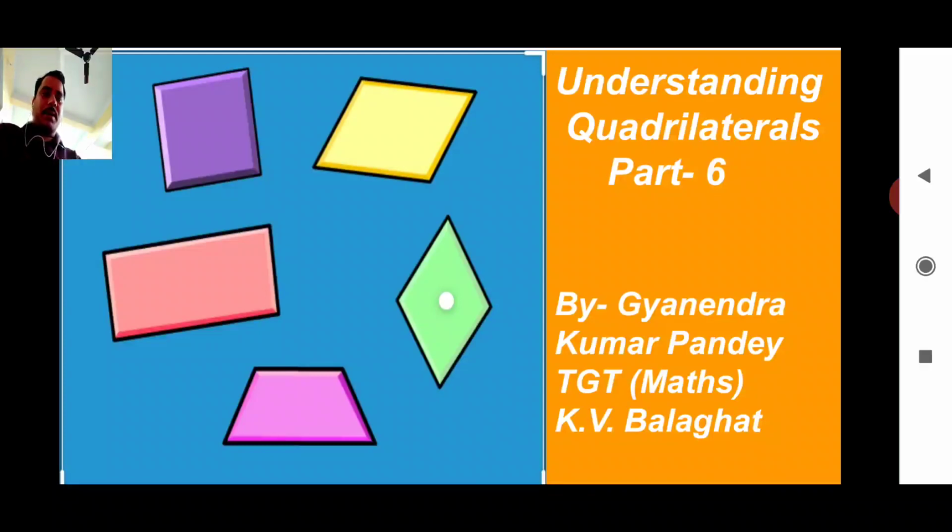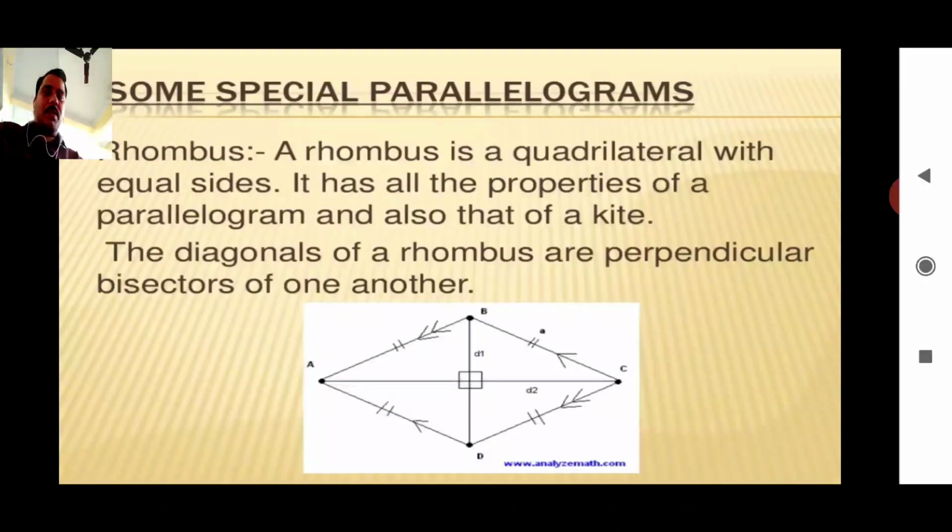So, let us start with special parallelograms. Student, you already know what a parallelogram is. In the previous class, we discussed that a quadrilateral in which both pairs of opposite sides are parallel is called a parallelogram.